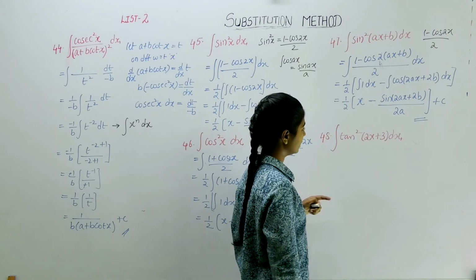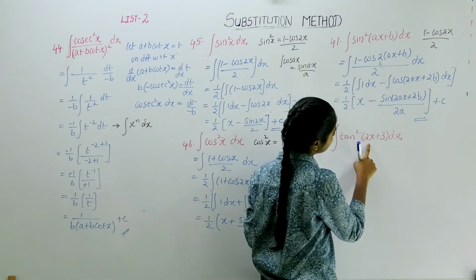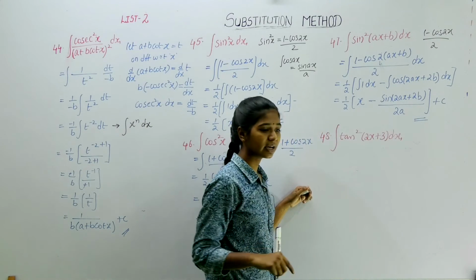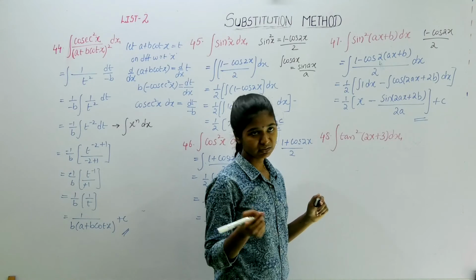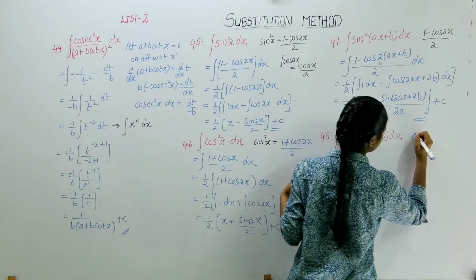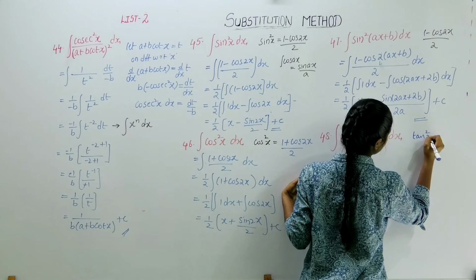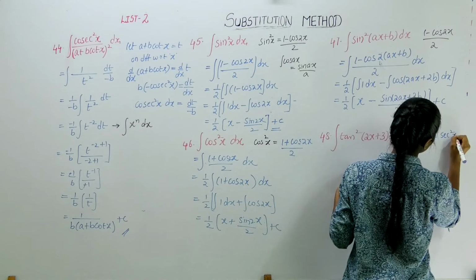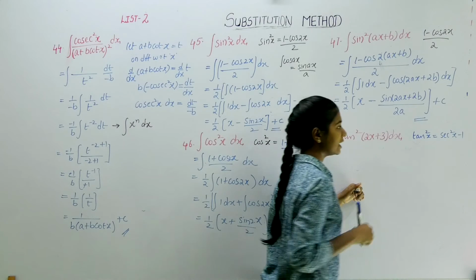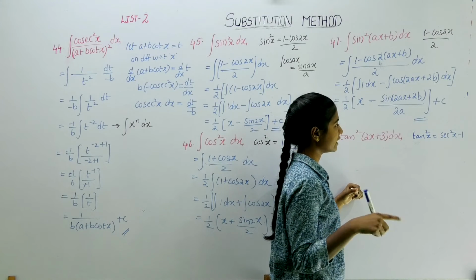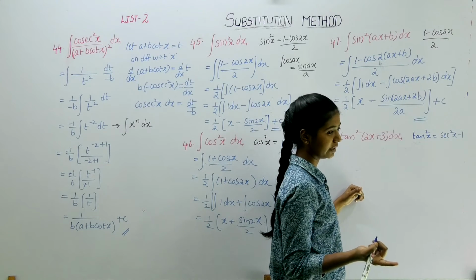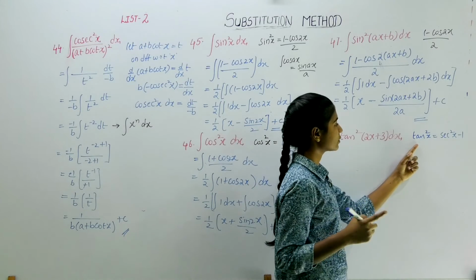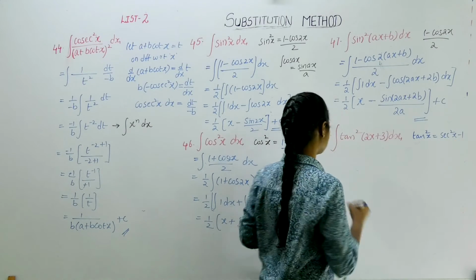Next, the 48th one. Here we have tan square (2x plus 3). We don't have a direct formula for integral tan square. Therefore, in trigonometry, tan square x is equal to secant square x minus 1. From the identity secant square theta minus tan square theta is equal to 1, we substitute tan square x is equal to secant square x minus 1.